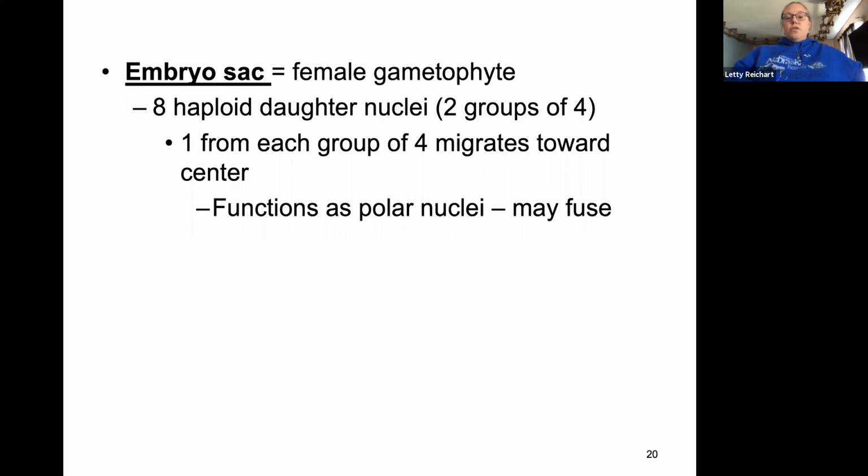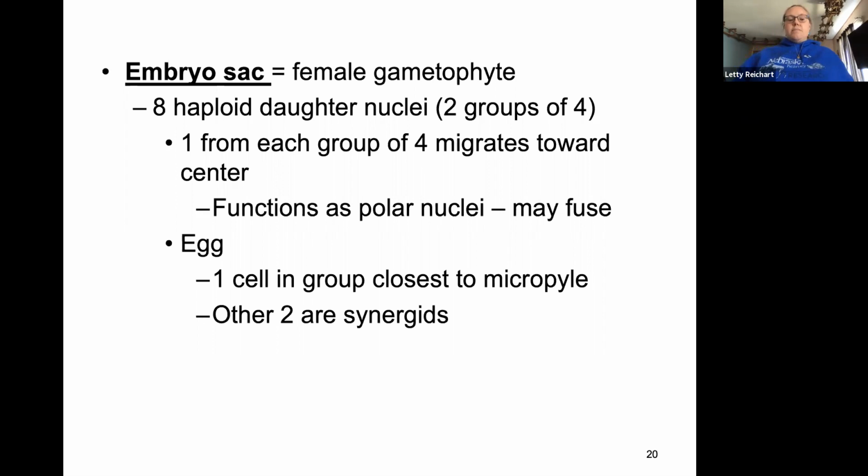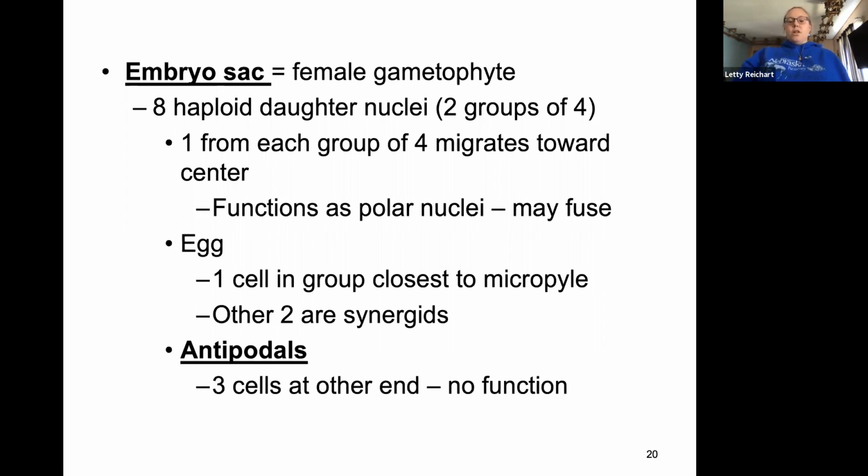We'll talk about what polar nuclei are in just a minute, and also what other cells are inside of that egg. Okay, there are 8 haploid cells inside each and every single ovule. We're going to look at that in just a minute.